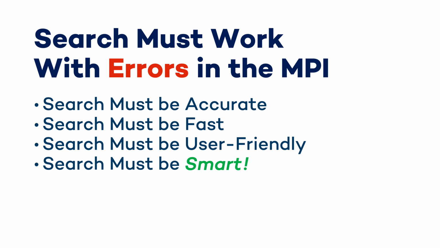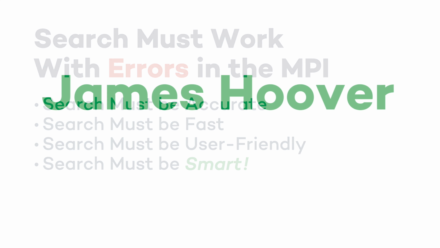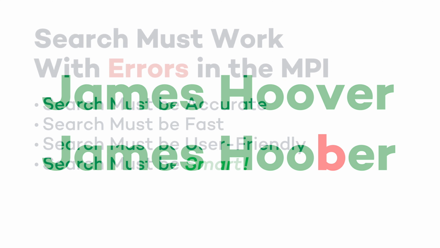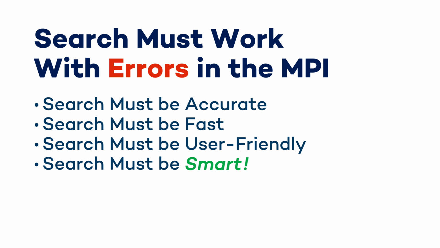The search also has to be smart. Just like Google, when you search, say, for movies, it knows your location. It understands the context in which you're searching. And it's the same thing with patient search. If I'm searching for a patient record, say Jim Hoover, my name, it should also understand there's probably a record under James Hoover, as well as James Huber, where someone misspelled my name because I didn't pronounce it as clearly as I could.